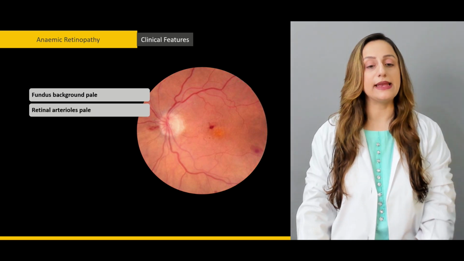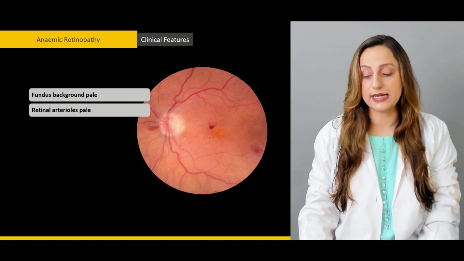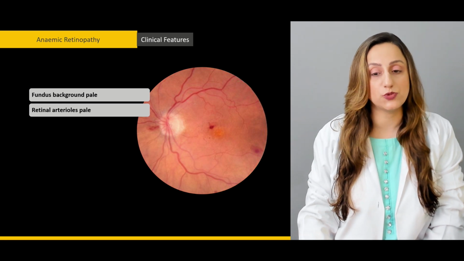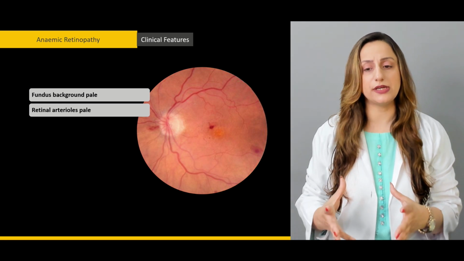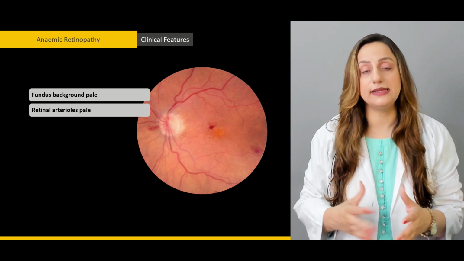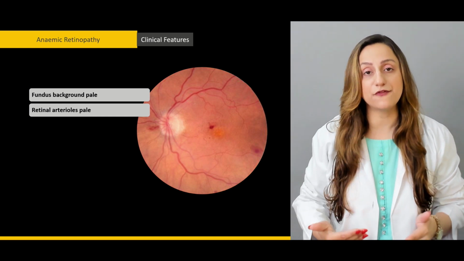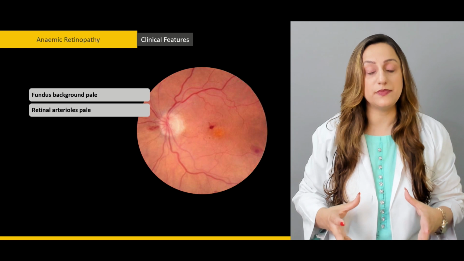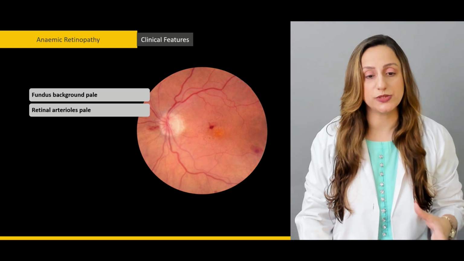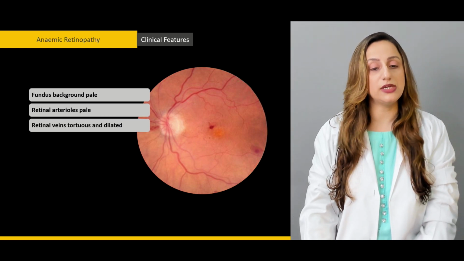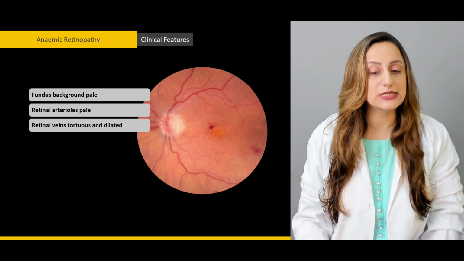Then finally, we can have the retinal arterioles that are quite pale in these individuals. As you can see over here, all of this is basically pointing towards the systemic effect that anemia has in the individual. And then finally, we have the retinal veins that are tortuous and dilated.